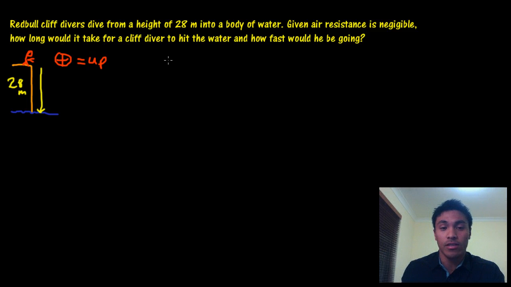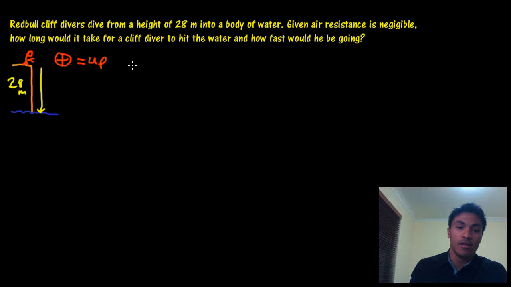Red Bull cliff divers, they dive from heights of 28 meters. In most of these, especially falling and free fall problems, you can't take air resistance into account, because air resistance will significantly slow down the descent of any free falling objects, especially at really great heights.